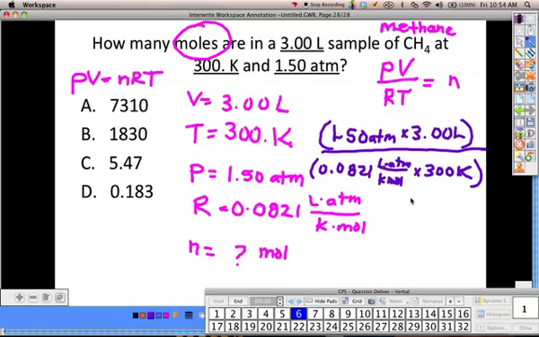I can look at the units that I have. Atmospheres, I've got one on the top, one on the bottom, so those cancel out. Kelvin, one on the top, one on the bottom, they cancel out. Liters, one on the top, one on the bottom, they cancel out. I am left with moles, which is very good because that's what I'm looking for.